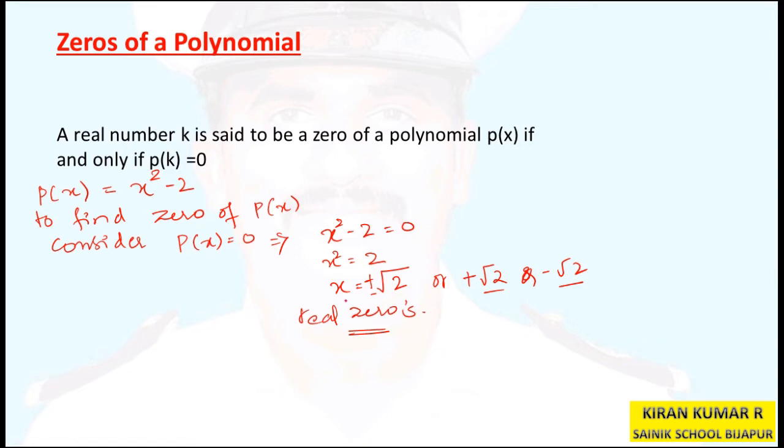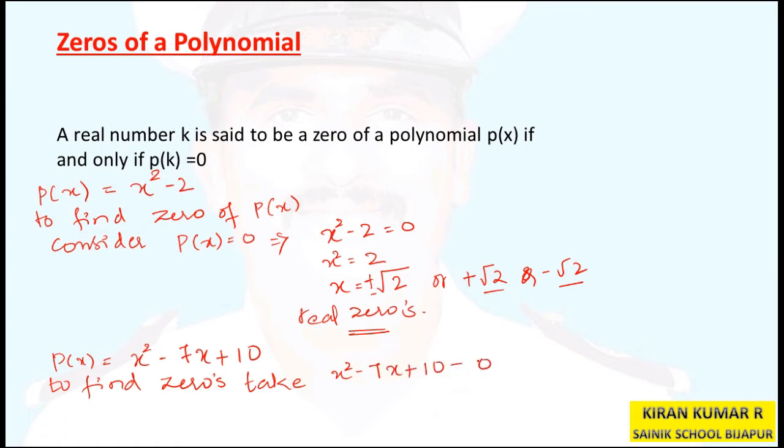Let us take one more example of a polynomial having degree 2. X square minus 7x plus 10. We know to factorize this. We had learnt in class 7th. So to find zeros, take x square minus 7x plus 10 equal to 0.